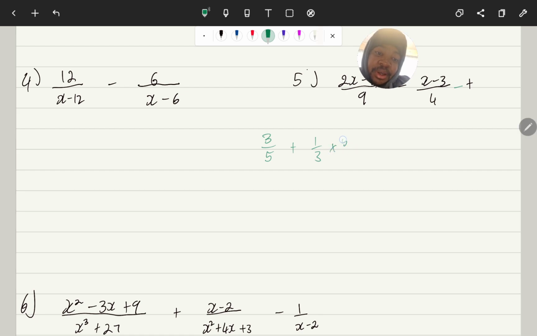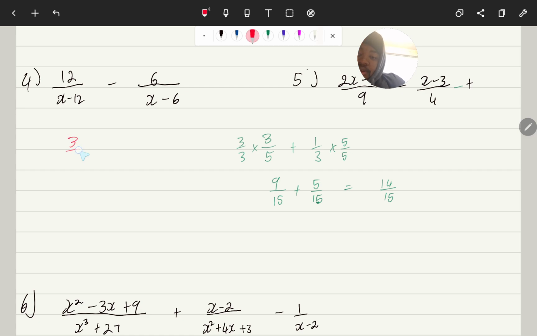We will multiply by 5 over 5, we will multiply by 3 over 3, right? And then you have 9 over 15 plus 5 over 15, which is going to be 14 over 15, right?